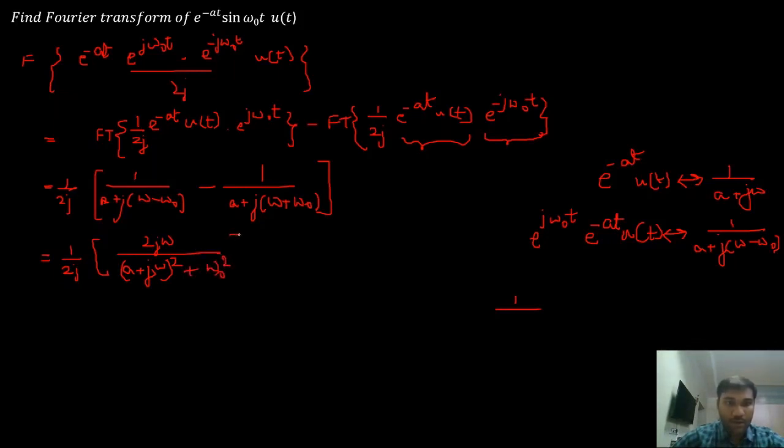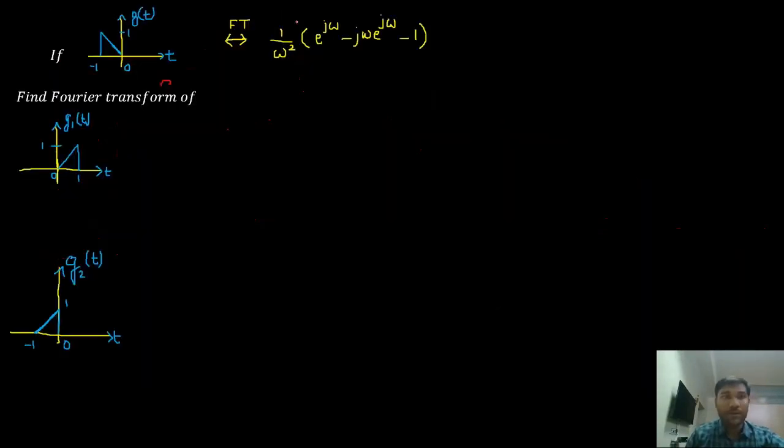Now 2j and 2j cancel, so I have omega naught divided by a plus j omega whole square plus omega naught square. So similarly, you can take a cos signal here and find out the Fourier transform, right? Then let's move on to the next problem.